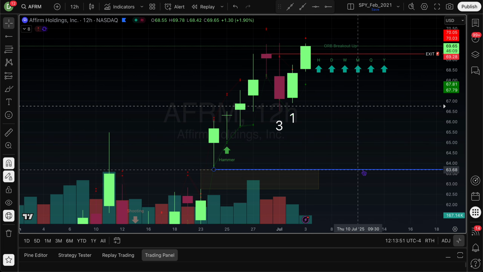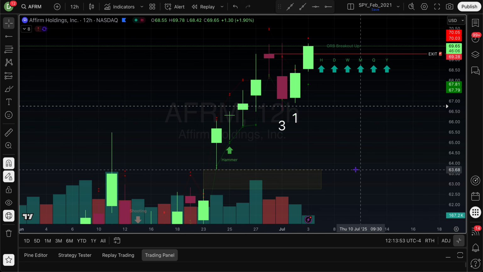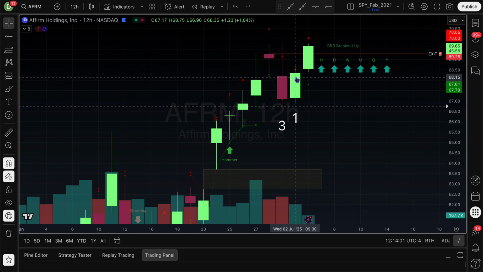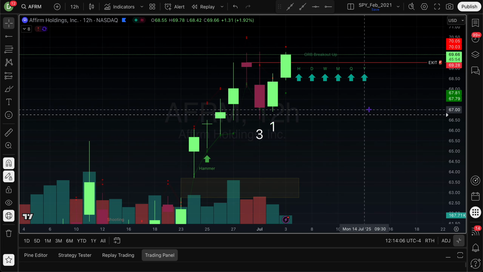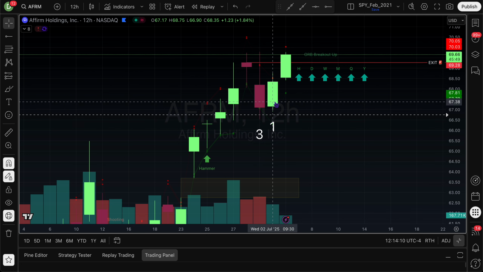So don't just watch, like pause before the next candle and ask, right? What is the actionable signal? Where's the trigger and stop? And what would I do right now? And then play the next candle, right? So when I'm looking at this, I see a 3-1 and I'm asking myself, what's the actionable signal? The actionable signal could be a 3-1-2 reversal or a 3-1-2 continuation, right?